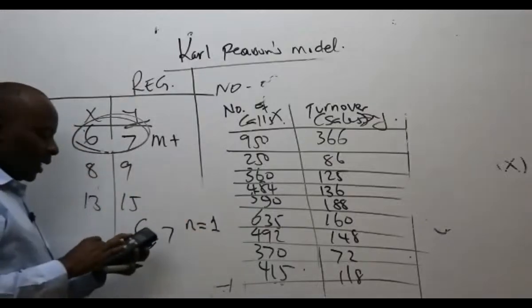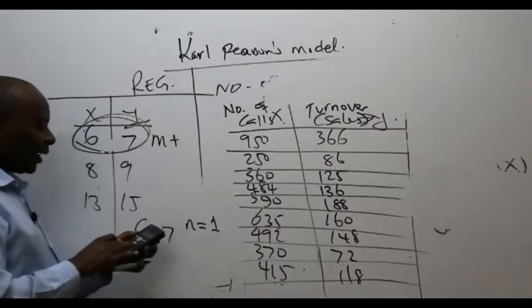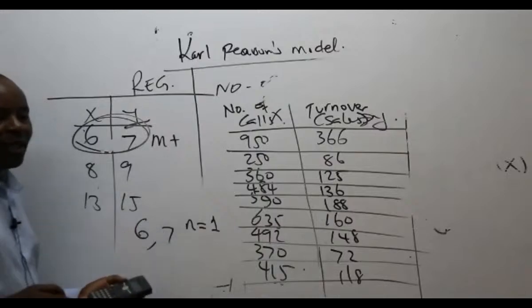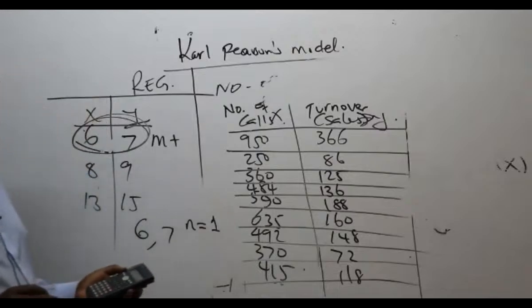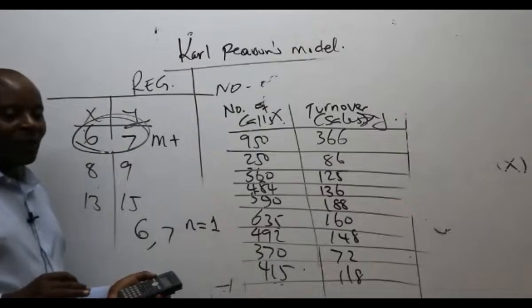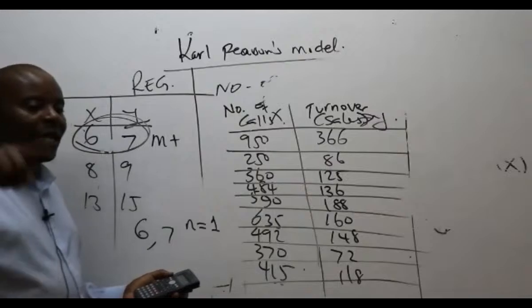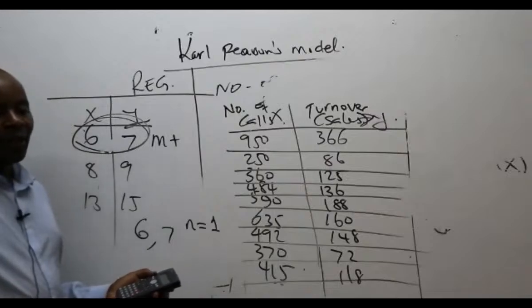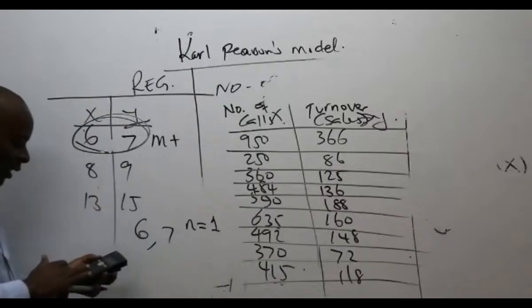So you key in 8,9, then you say M plus. Is there somebody who has been told that this time round N equals 2? Thank you very much, Maureen. So we come to the last one, which is 13,15.